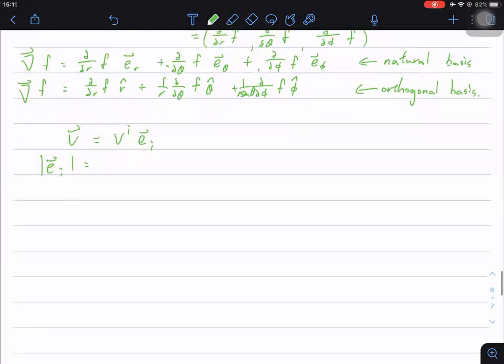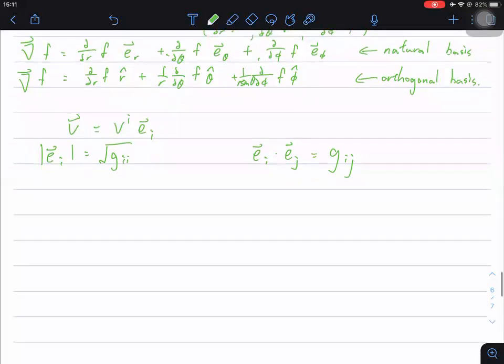You can find it from the definition of the metric tensor, Gij equals the inner product of two basis vectors i and j. So the length of the basis vector is just the square root of Gii. Here the double i is not under the rules of Einstein summation. It just represents the ii component of the metric.